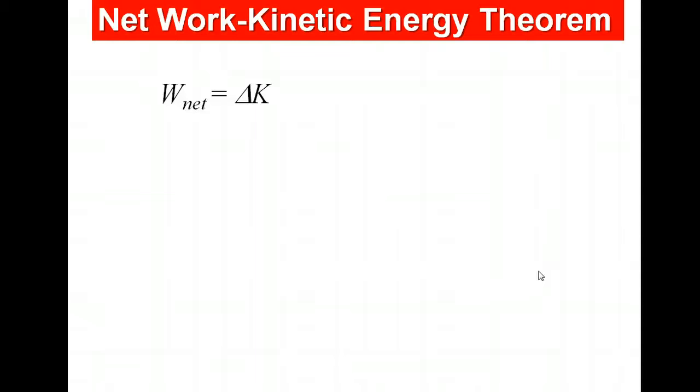The mistake that is often made is not using the net work in this equation, but rather using the work done by one of the forces or a couple of the forces, and trying to set that equal to the change in kinetic energy. The theorem says that the net work must be equal to the change in kinetic energy.